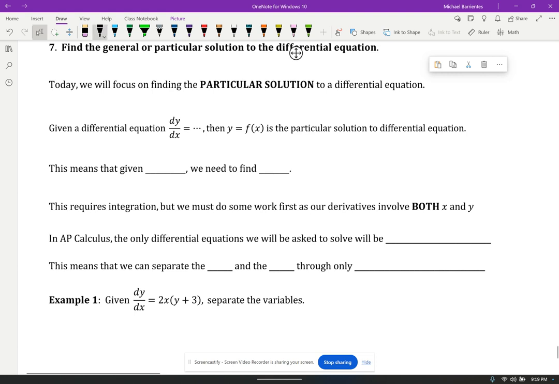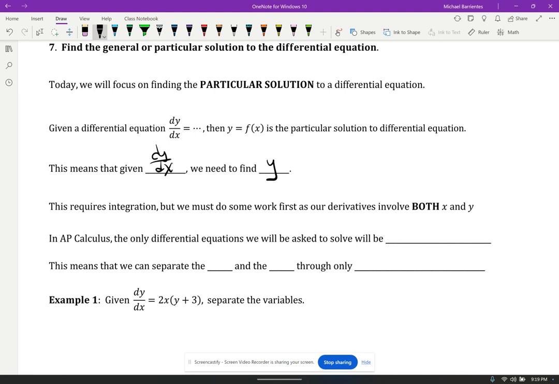So given dy dx, the derivative, we need to find y, the original function. This is going to require us to do integration, because if you're starting with a derivative and you want to find the function before the derivative, then we have to take the antiderivative. We have to do integration. But we have to do some work on the derivatives involving both x's and y's.